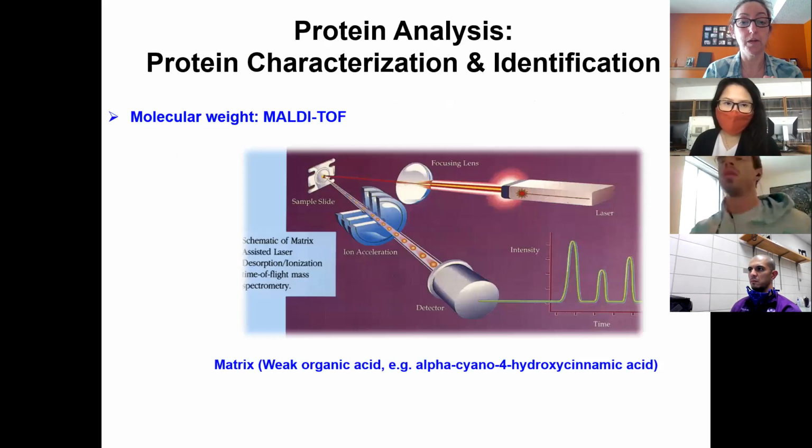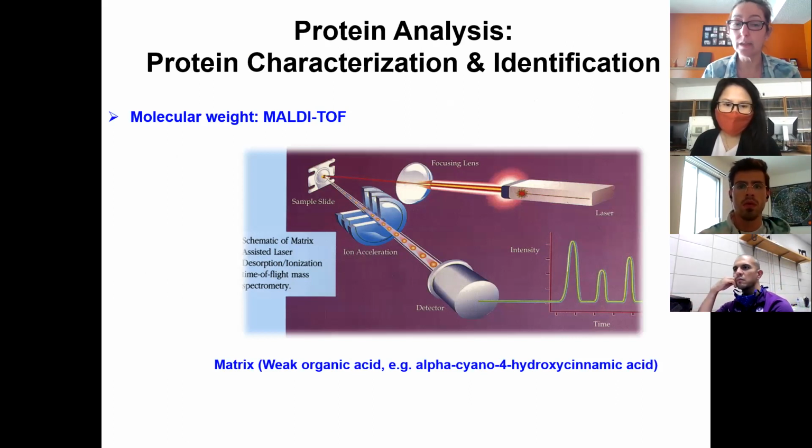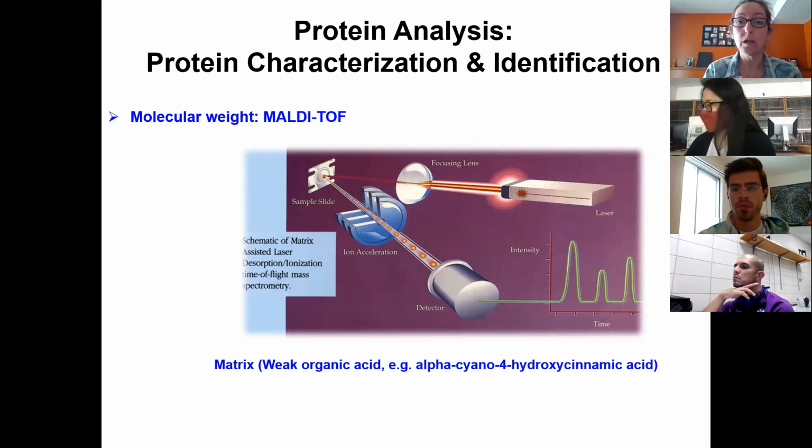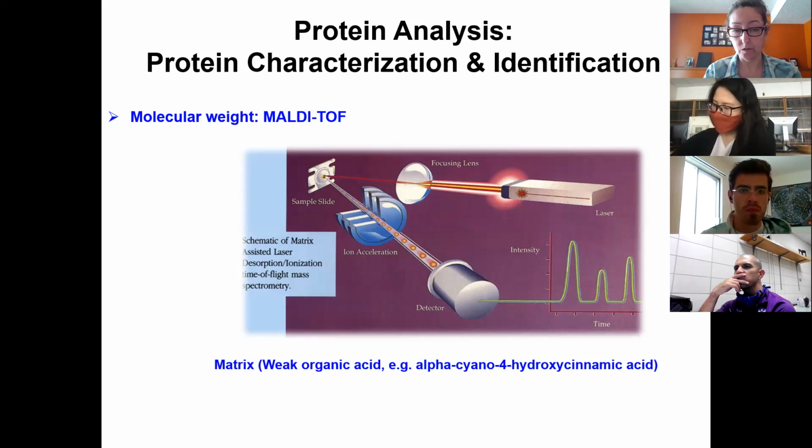So let me just briefly then, again, there is a sheet on MALDI-TOF in the reading material, but basically you have a weak organic acid as your matrix, and you have your sample with the matrix, and then a laser is focused on where your matrix and the sample is, and the matrix absorbs the light and then causes ionization of your protein without fragmentation.